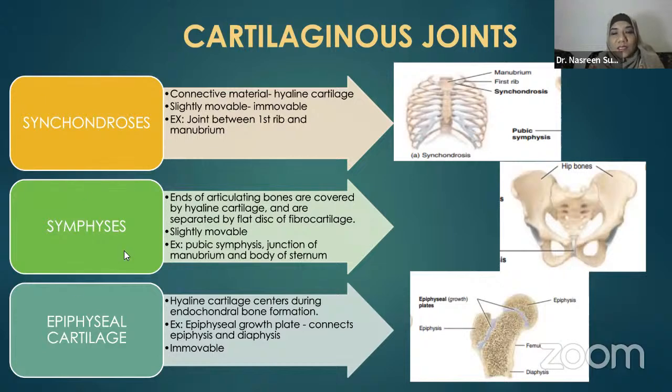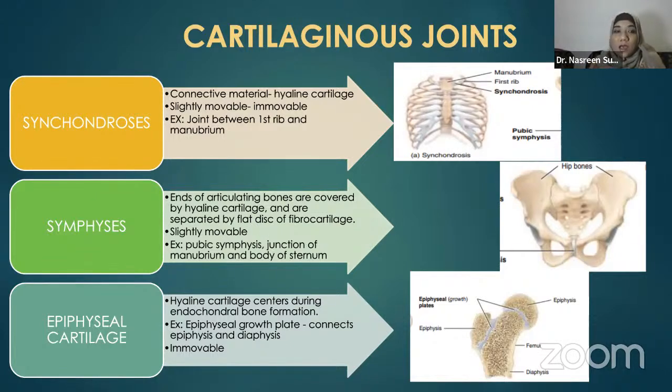Now, coming to the symphysis. For the best example, you might have seen pubic symphysis when you have studied about the pelvic cavity, where it is present between the two pelvic bones. The articulating bones are covered by hyaline cartilage and are separated.